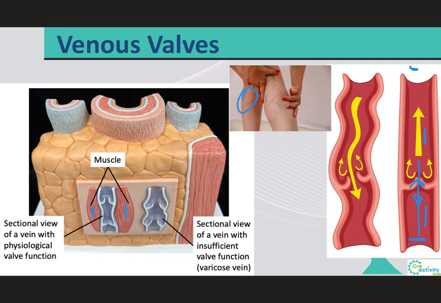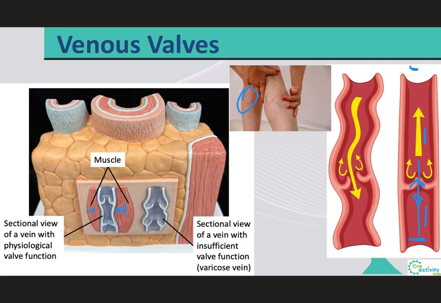When you walk, these muscles contract, and by contracting, they stimulate the valves to work. When you're not walking, the valves aren't working, so the blood has a hard time going from your lower limb all the way up to your heart. So this is why they recommend that on long flights you walk on the plane a little bit to get the valves to work.